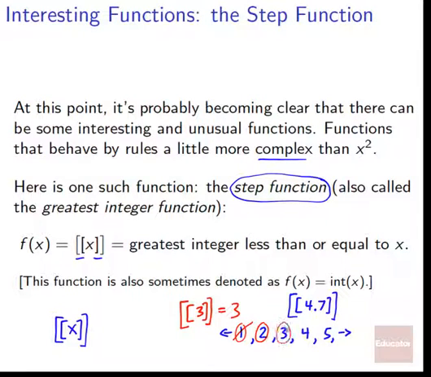Oh, what about 3? Well, 3 is still less than or equal to 4.7, and it's bigger than 2, so it's the best option. Oh, what about 4? Oh, hey, 4 is bigger than 3, and 4 is less than or equal to 4.7, so it's the best option so far. What about 5? Oh wait, 5 is greater than 4.7, so it's not in the running because it has to be the greatest integer less than or equal to x.